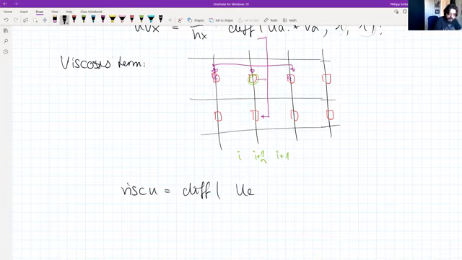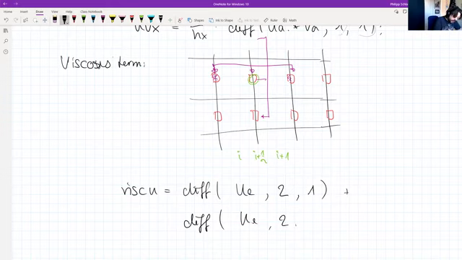It would be the array UE, the second derivative in the first direction, plus the derivative of UE in the other direction, so second derivative in the Y direction. As simple as that. Actually, here would be 1 over hx squared and 1 over hy squared.